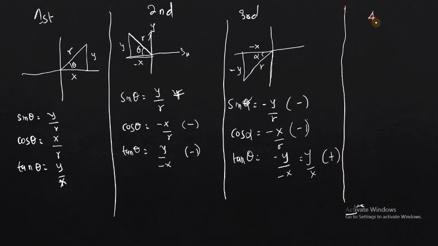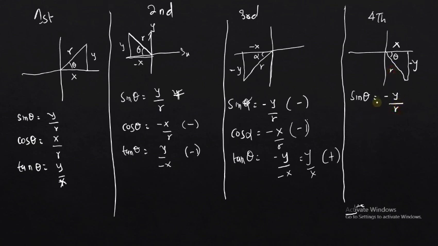Let's look at what happened in the fourth quadrant. This is your y, but it's negative y because it's in the negative y-axis, and this is your x. Our sine theta this time will give us negative y over r. Don't forget this place is r.